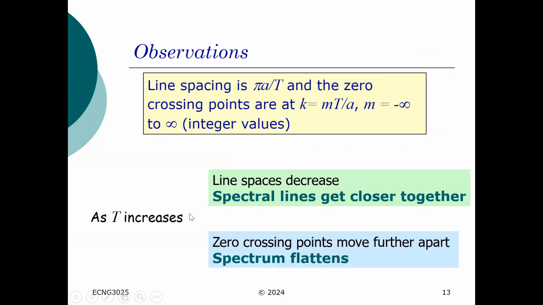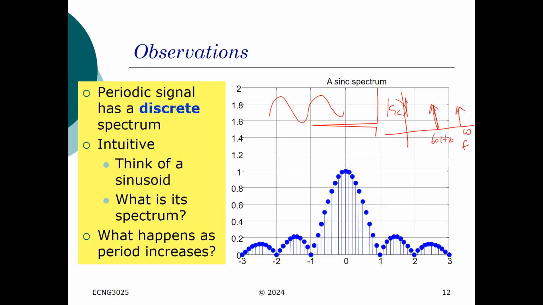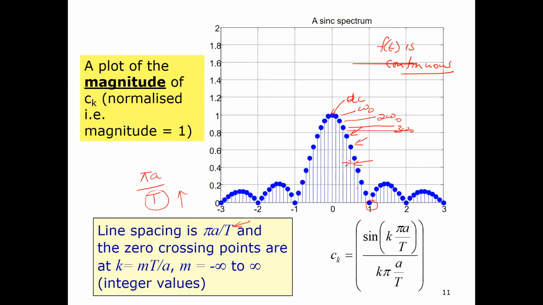The zero crossing points, let's look at that now. These points here. The zero crossing points are multiples of T over A. So as T goes up, the lines get closer and closer together, but the zero crossing points, because mT over A goes up as well, move further and further away.